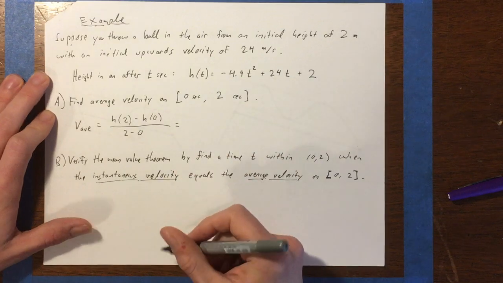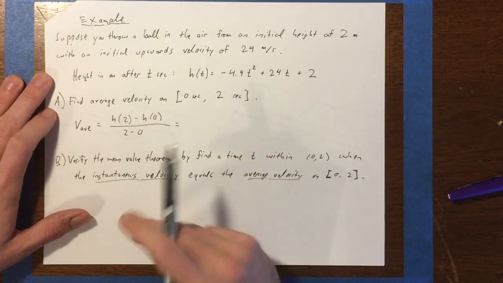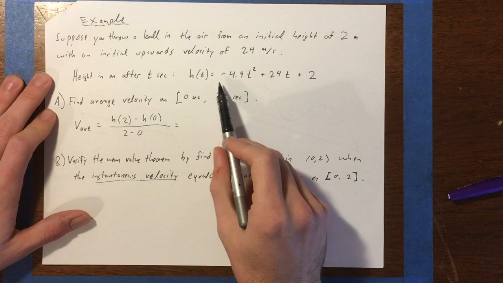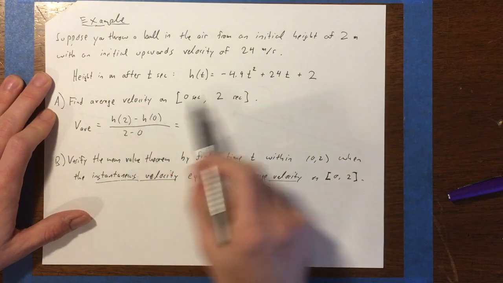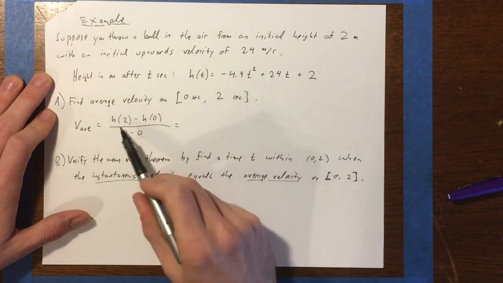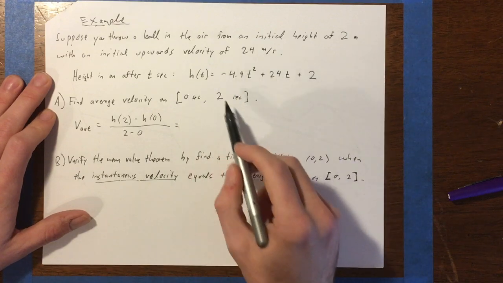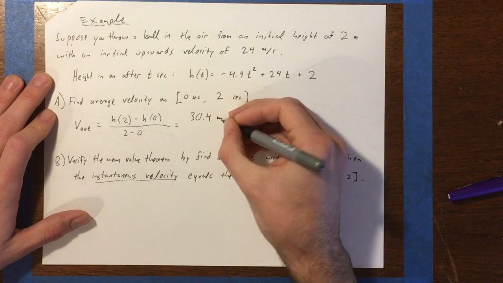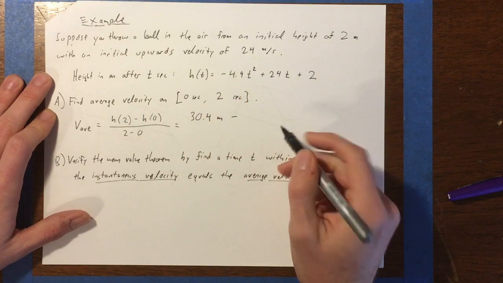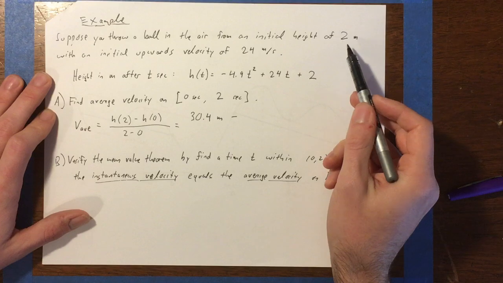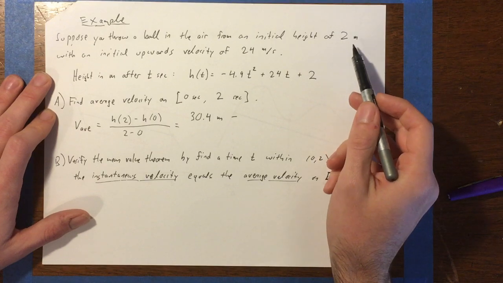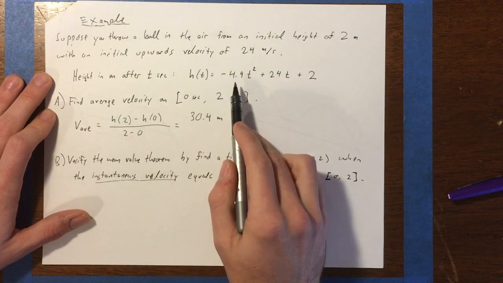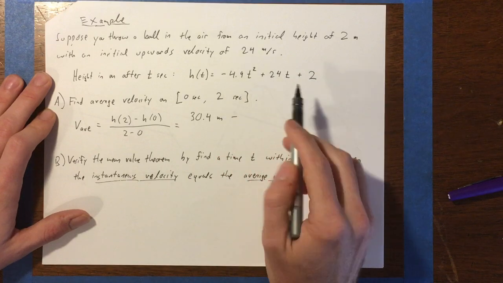So then if you evaluate, I won't go through the process, but you pull out your calculator. You can evaluate this function at 2, sticking 2 in for t, and you get a height of 30.4 meters minus the height at 0 seconds, where of course we have our initial height of 2 meters. If you evaluate this function at t equals 0, you'll find it equals 2.